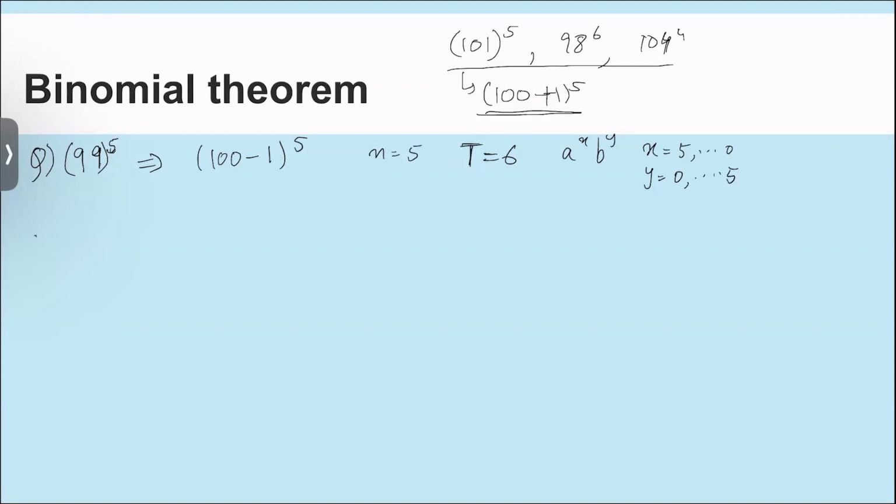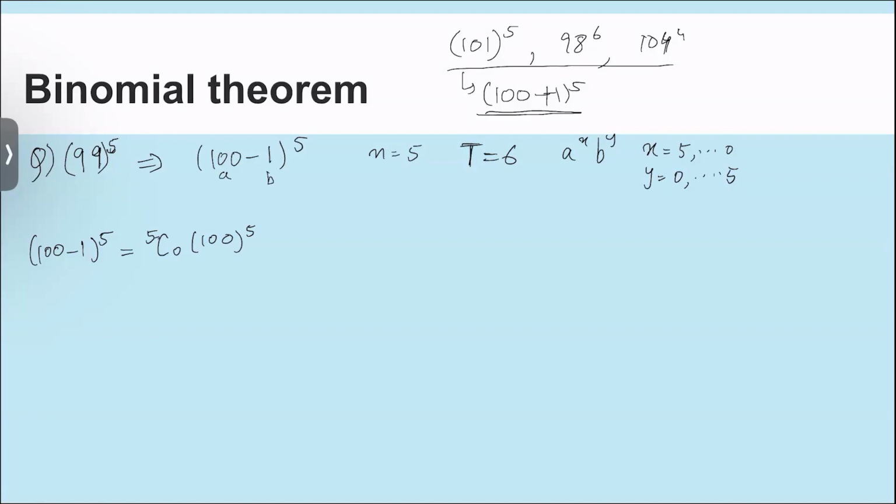So if you write this, 100 minus 1, the whole raised to 5, let's write the general form of this. Our coefficients are going to be 5C0, 100 raised to 5. So your a is 100 and b is 1.